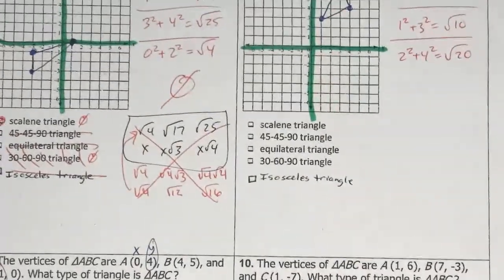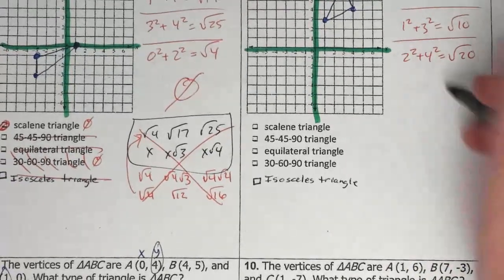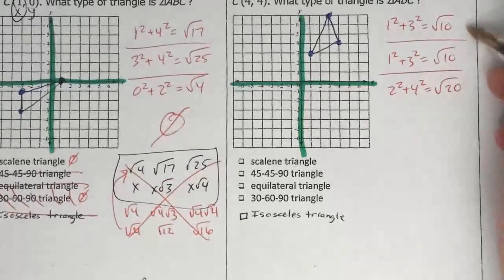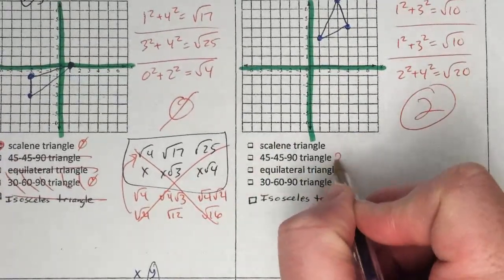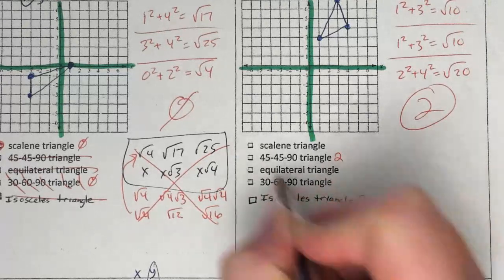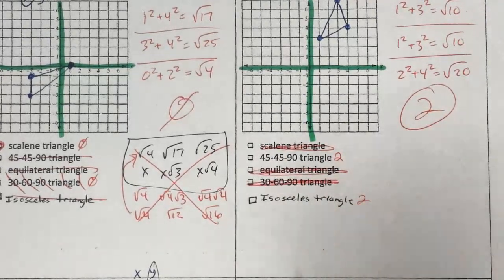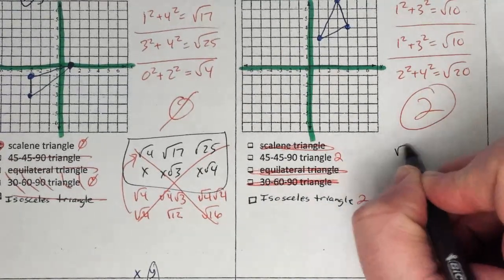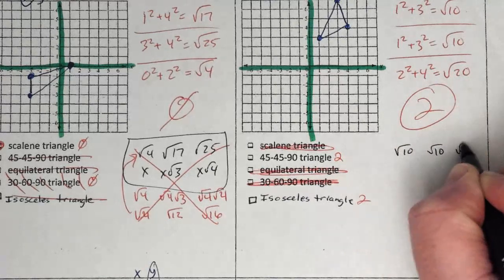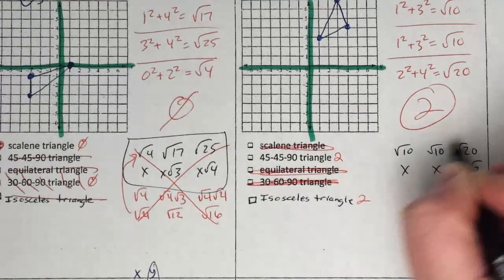All right, on this one. Okay, we have 2 equal sides. So that means we are either 45, 45, 90 or isosceles. Let's see, which one is it? So let's put these in order. So we have 10, 10, and 20. That would be x, x, and x radical 2.